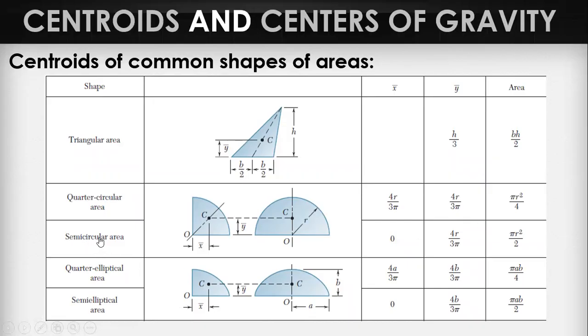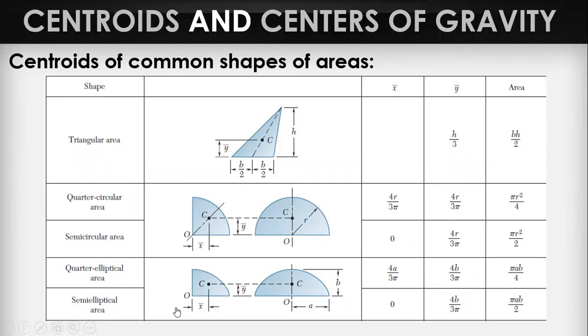For a semicircular area, this one, y bar lang because axis of symmetry ang x man. So ang centroid is located along the y-axis. So ang x bar na to 0. Y bar lang, same ra y bar, and then area 1/2 sa area sa circle.